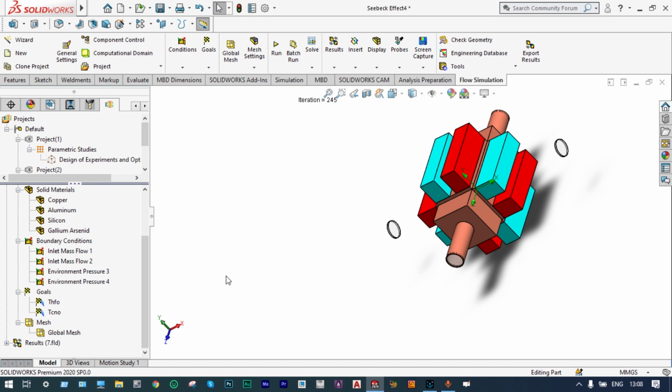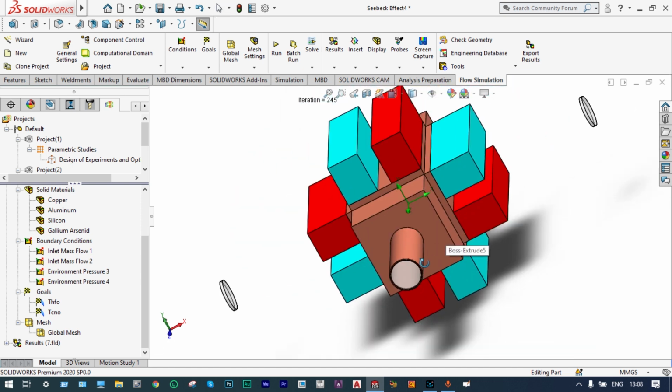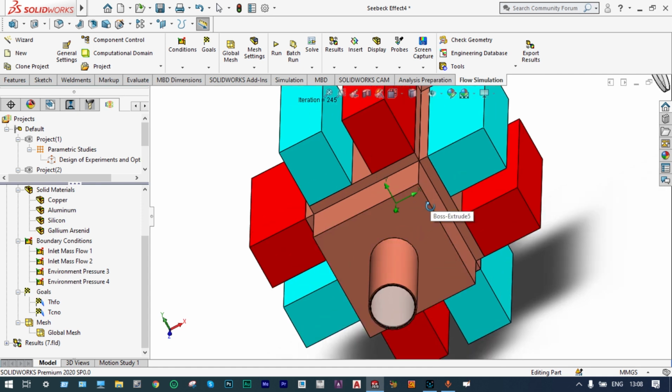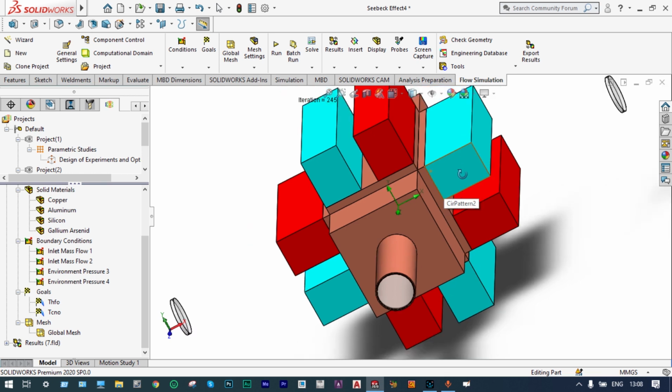Now we have to see the surface temperature at the different silicon and gallium arsenide locations. So we can see this is the location of hot flue gas, and after this hot flue gas we have provided one separate metallic plate to connect this silicon and gallium arsenide. You can see it is connected in the form of a U-shaped object, right? So we have some metallic connection between the 2 semiconductors.